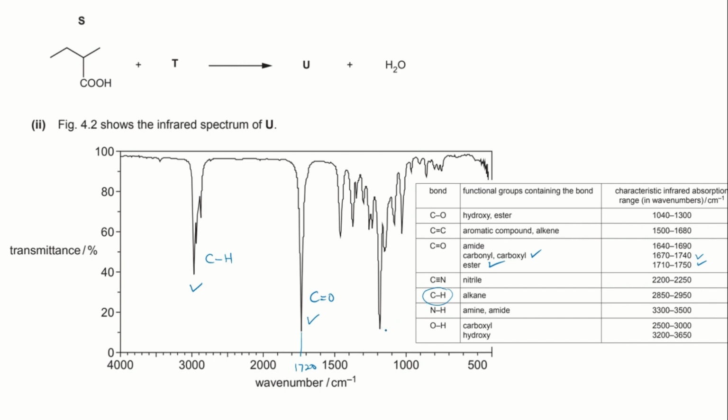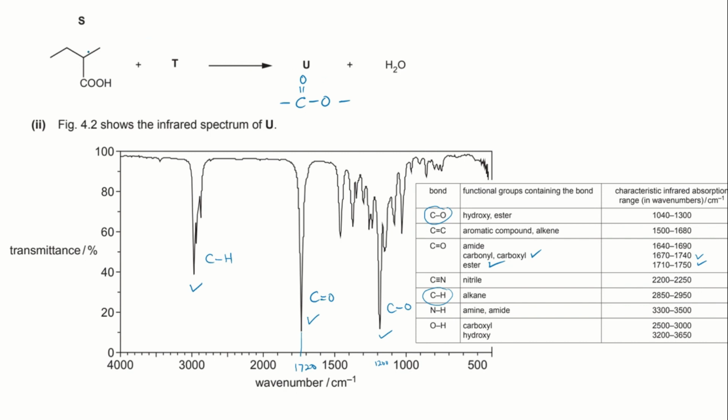So let us move to the other main absorption on the right hand side, which is around 1200. Okay, it belongs to C single bond O bond. Okay, a compound with C double bond O, C single bond O. So that tells us that U is an ester because of the C double bond O bond and C single bond O. So let's check with this equation.